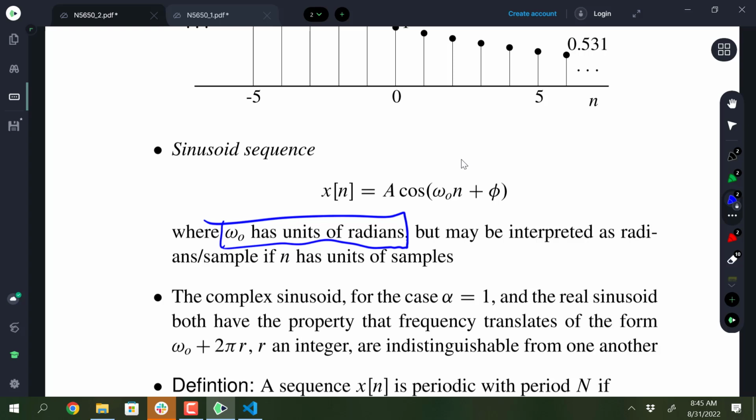We like to use degrees a lot, but degrees don't work in a trig function. You have to convert it to radians. And in this instance, omega naught really has units of radians, but it's nice to think of n as having a unit of sample, and then we can say radians per sample, but it's still kind of artificial to say that.